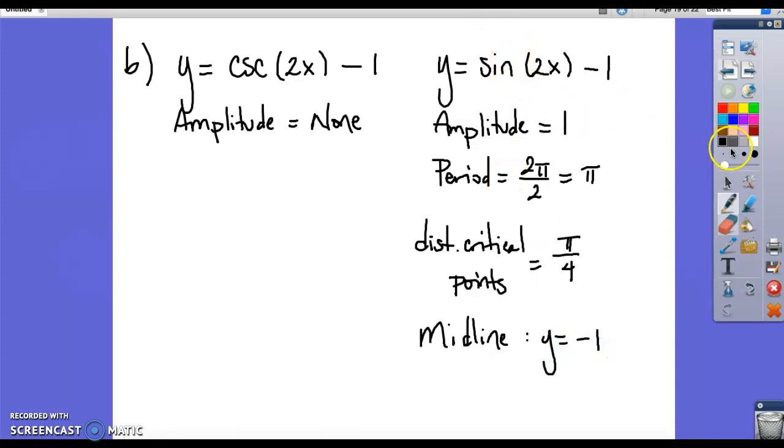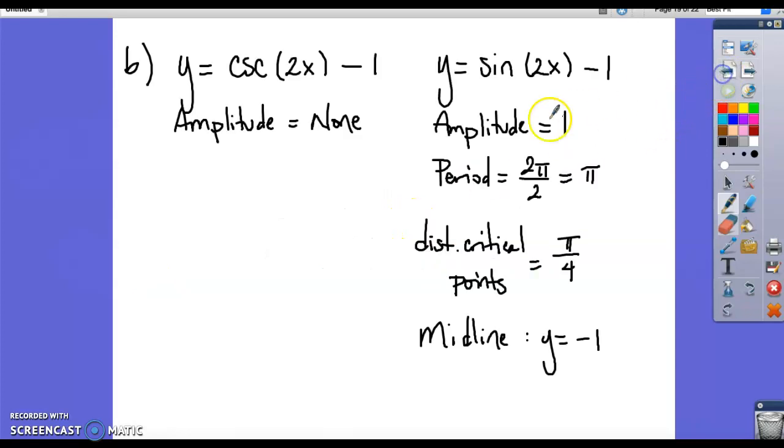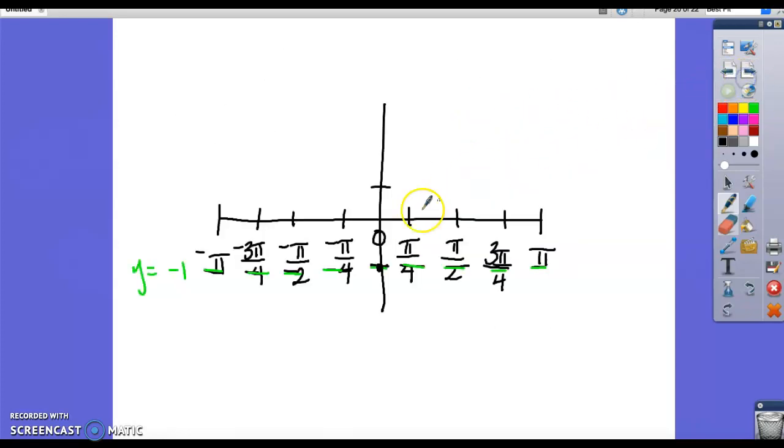So I'm going to graph this function first. There's no negative, so I don't have to worry about a reflection. When I graph the sine function, I start at my midline. I go up to my max. My amplitude is 1, so my max is 1 unit above my midline, so that would be 0.